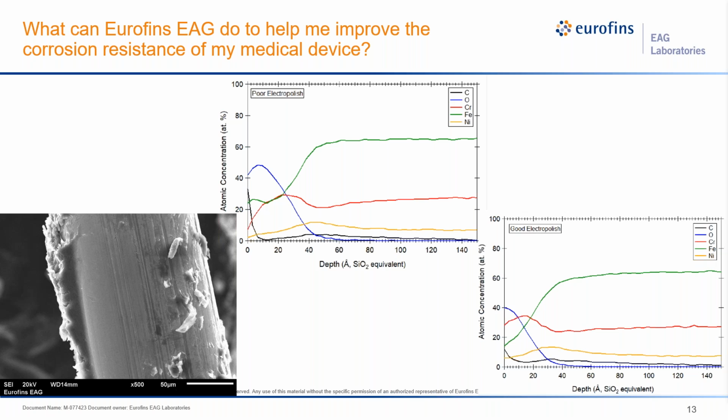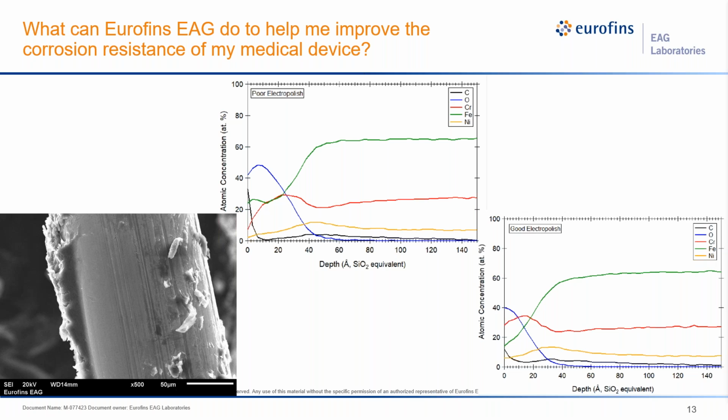EDS analysis can be performed to provide elemental makeup of corrosion byproduct on the surface and at areas with corrosion damage. Another useful tool to mention is Auger electron spectroscopy, which analyzes a small area of the thickness of the oxide layer formed to protect against corrosion.